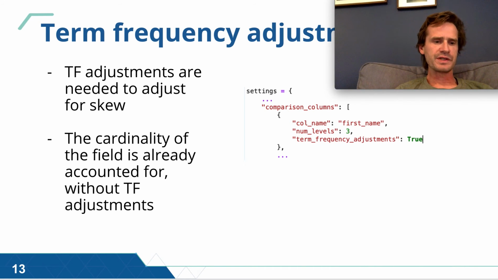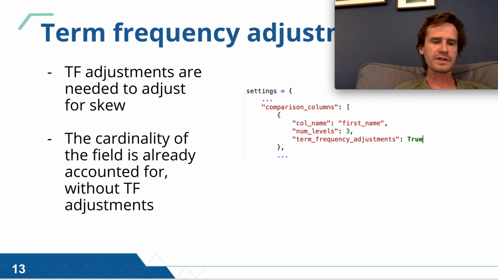With term frequency adjustments, we're specifically talking about unbalanced distributions, like there being more Johns than Robins. If we don't make term frequency adjustments, Splink will take an average of everything, so it might give excessive weight to a match on John and not enough weight to a match on an unusual name like Robin. It's therefore good practice to set term frequency adjustments on fields where there's a substantial skew in term frequencies.